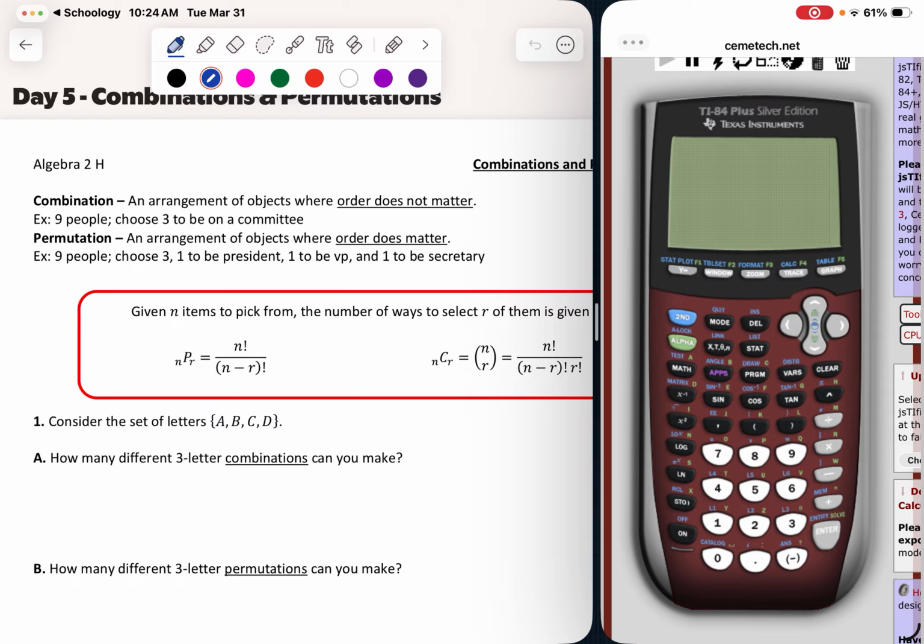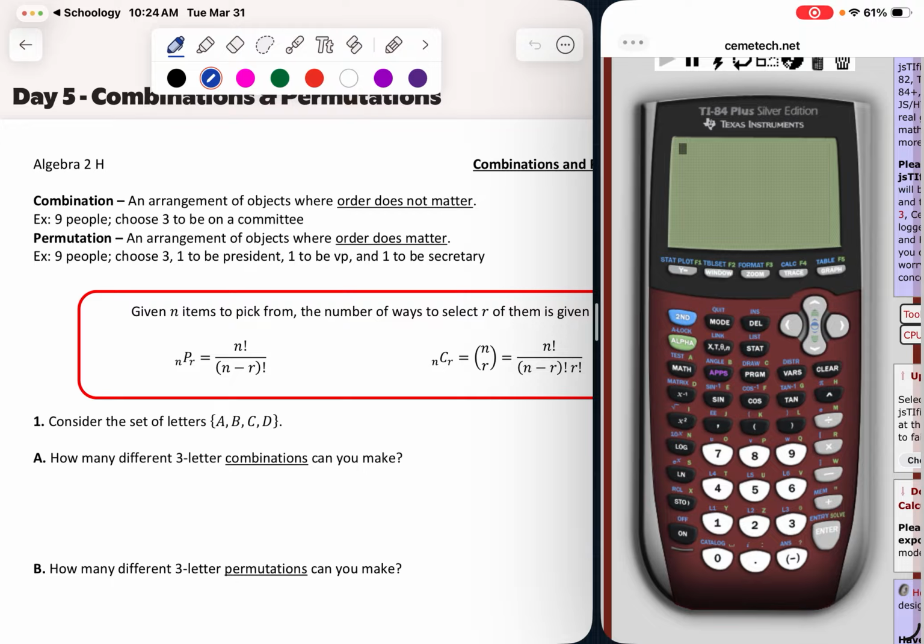So that means that if I chose Bobby, Sally, and Carl to be on the committee, and those are just the 3 people I chose, it doesn't matter if I chose Bobby, Sally, and Carl, or Sally, Carl, and Bobby. That's the same picking. That's a combination. That's the same choice.